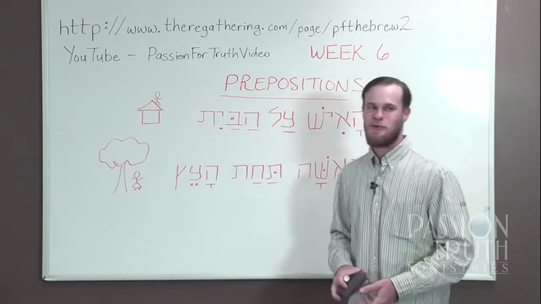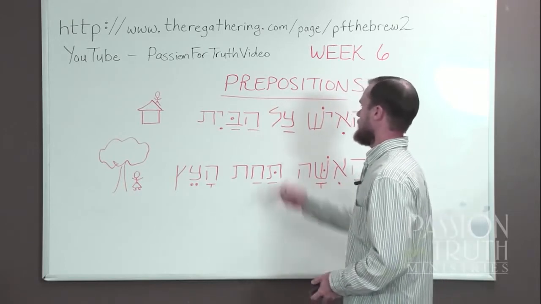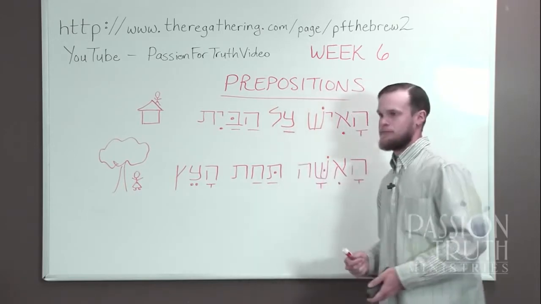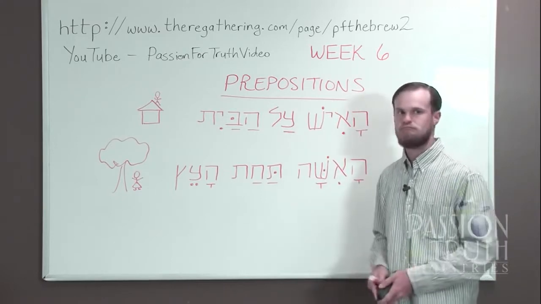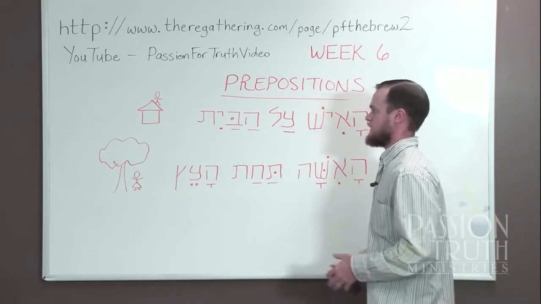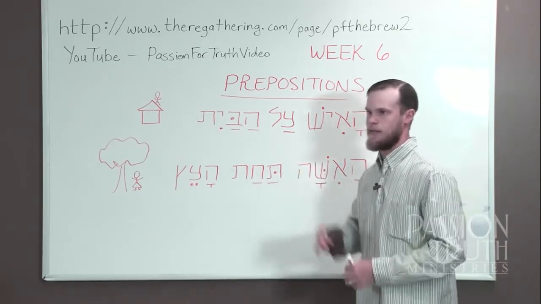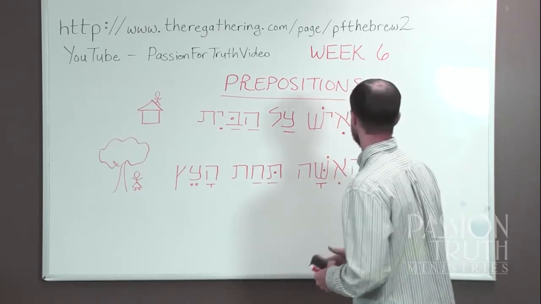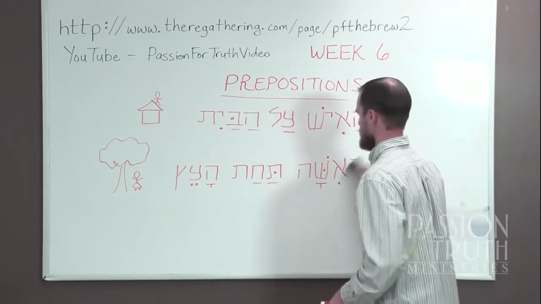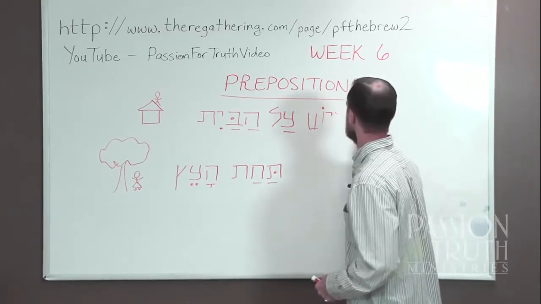But we understand kind of how it functions. In Hebrew, it can even mean concerning. In the sense that we use the word about, it can mean that as well. But for our purposes right now, it's just going to mean literally on top of. Okay, upon. So that's al and tachat, upon and beneath, or above and beneath.